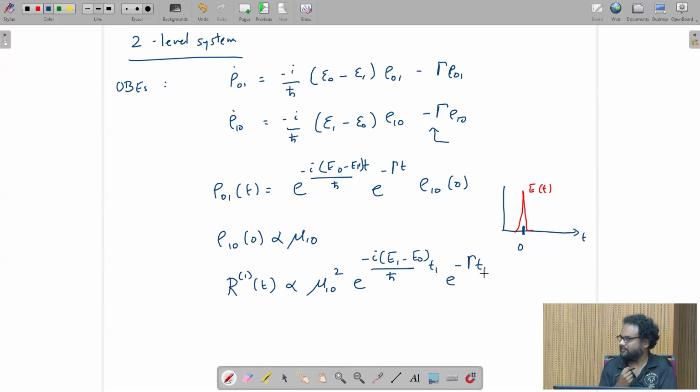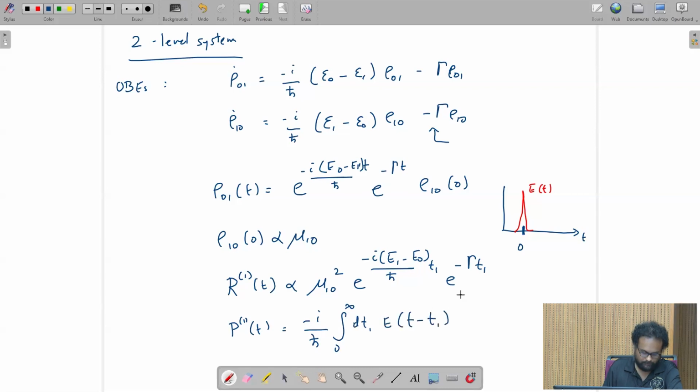Diagrammatic expansion makes life simpler, so wait till that point if you don't completely comprehend how we got this expression. Accordingly, your first order polarization will be minus i over h bar, the integral from 0 to infinity dt1, E of t minus t1, times the first order impulse response function of t1. That's your time evolving polarization.